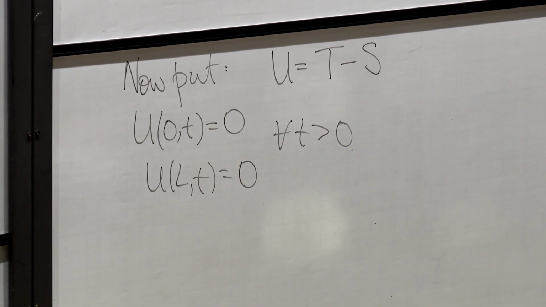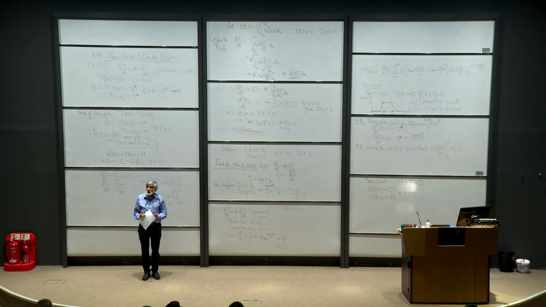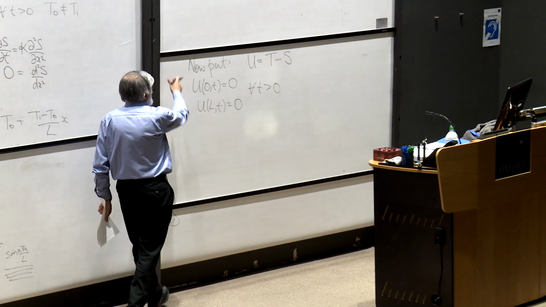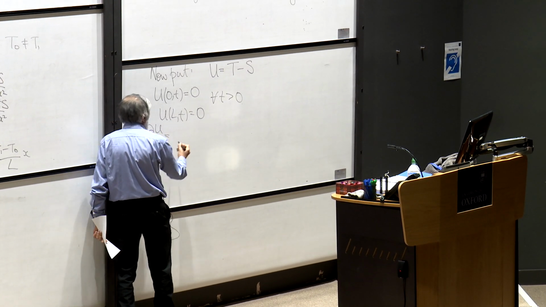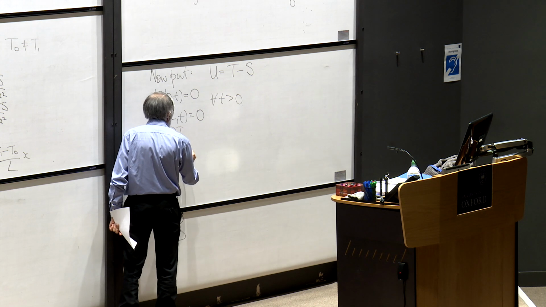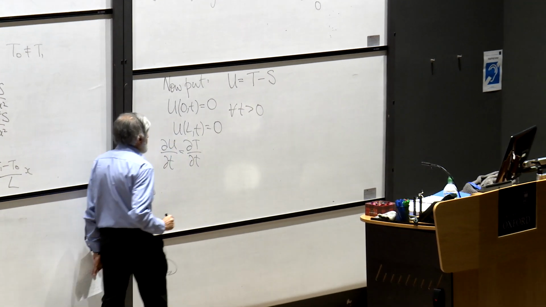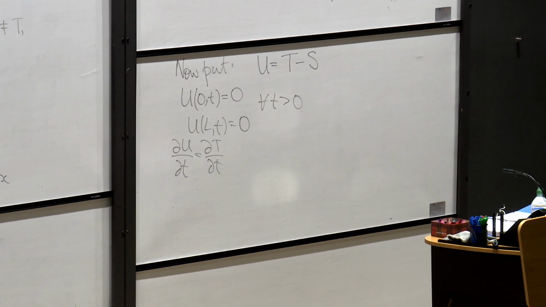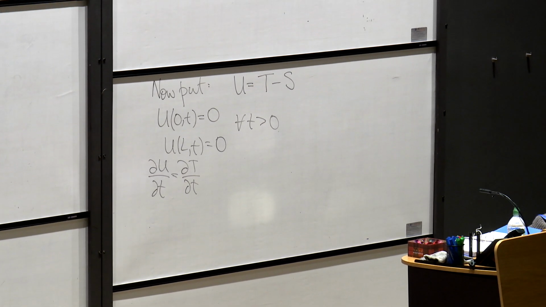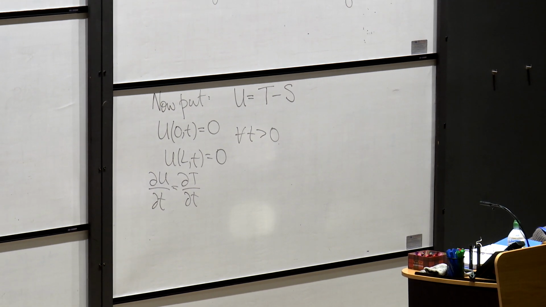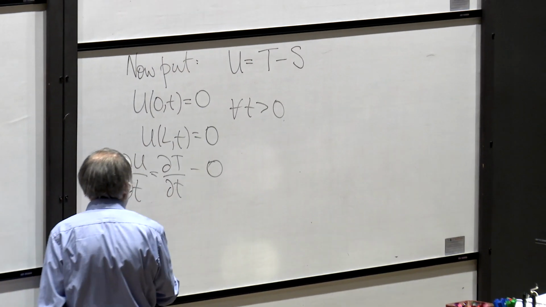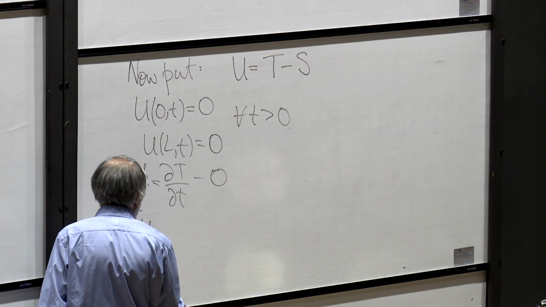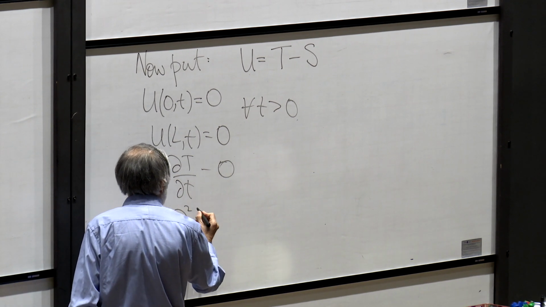And now the problem is, what differential equation does U satisfy? Well, let's look at dU by dt. dU by dt is d by dt of T minus S. And what's S, differentiated with respect to little t? Well, S is a function of x. Differentiated with respect to t is 0. Minus 0. What's the second derivative with respect to x?